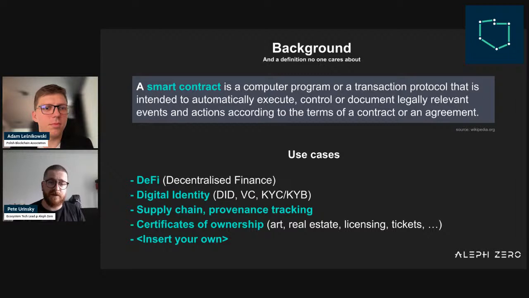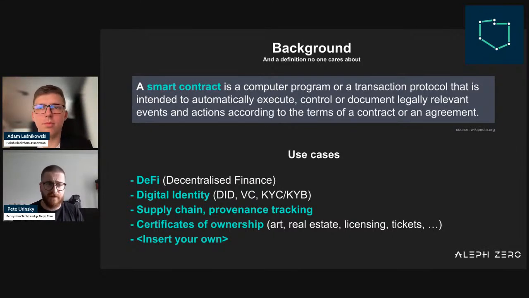Supply chain management and provenance tracking is quite an interesting use case. And of course, there's the whole certificates of ownership area with, we all know NFTs, but profile pictures and collectibles are one thing. You can also track the authenticity of art, track ownership of real estate, manage software licenses using NFTs, manage tickets to events and whatnot.